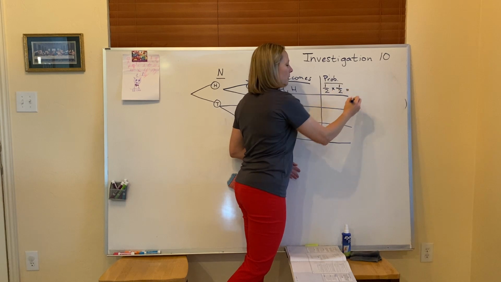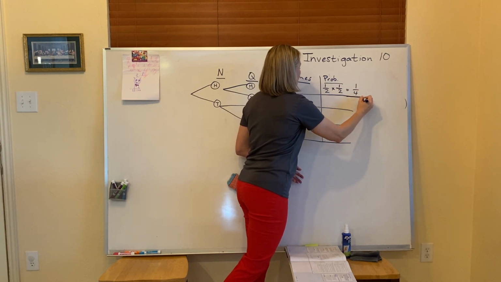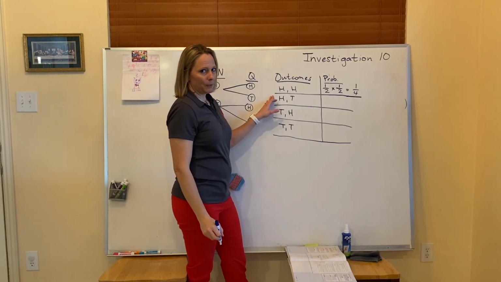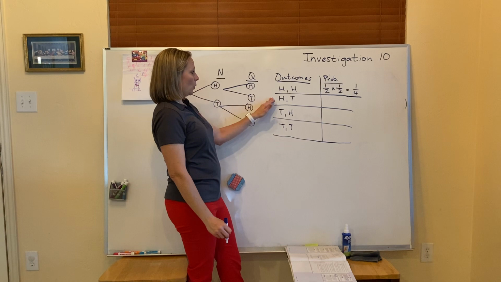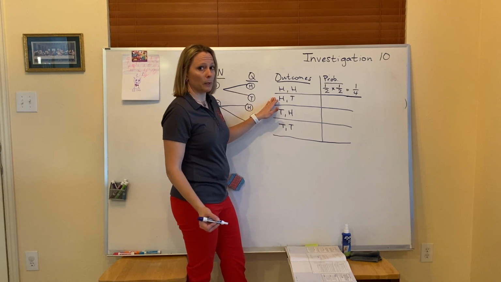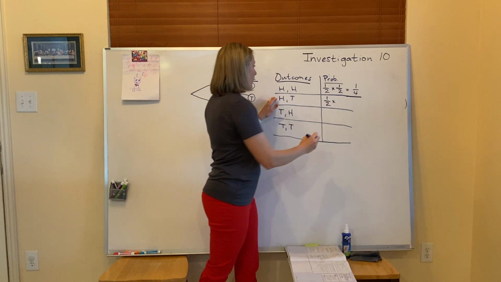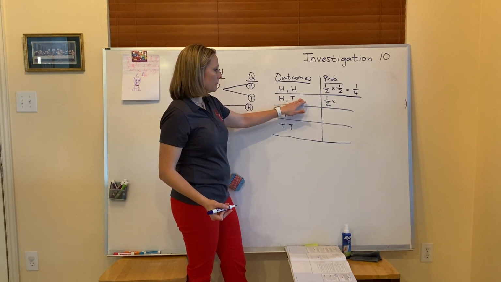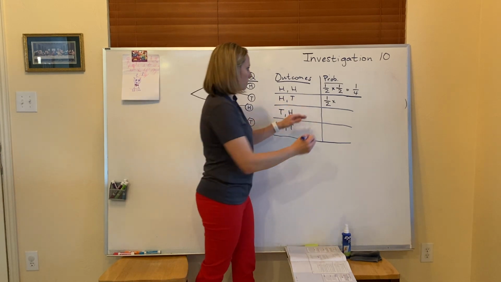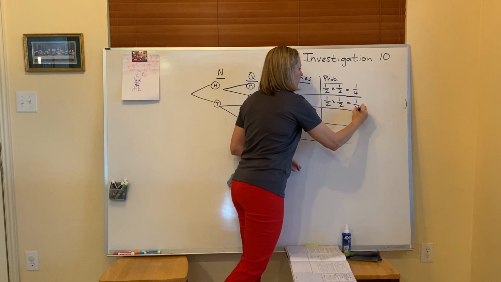So 1/2 times 1/2 is 1/4. Here we go. See where we're going with this? With our nickel, we have a 1/2 probability of flipping a heads. With our quarter, we have a 1/2 probability of flipping tails. And that gives us a 4th.